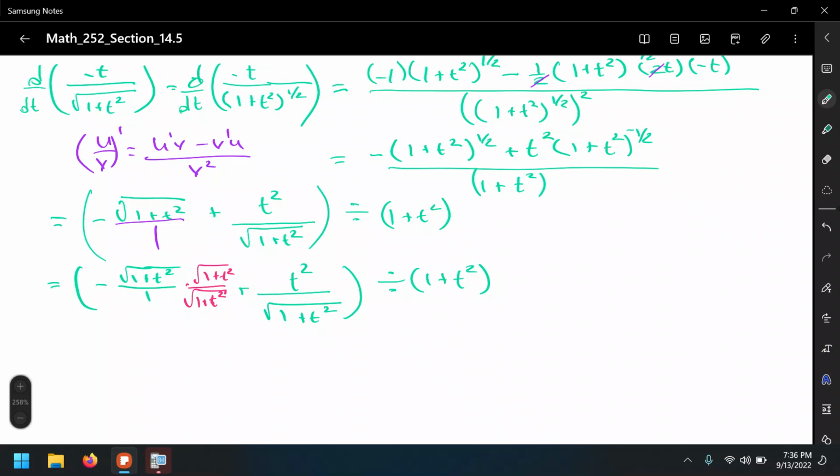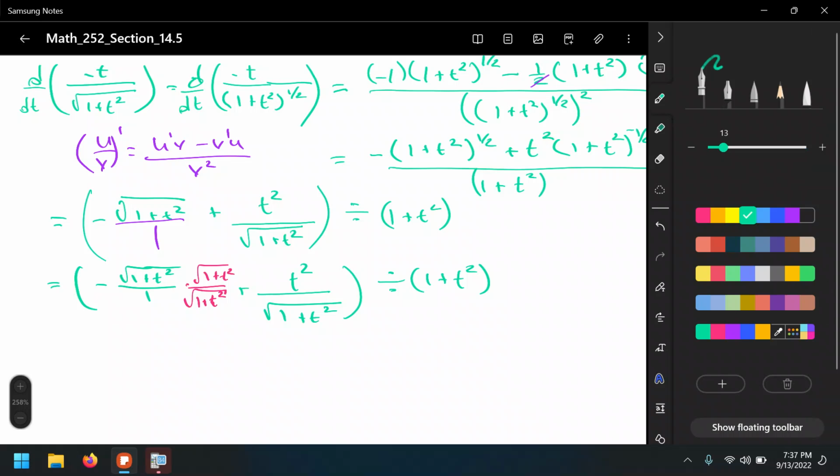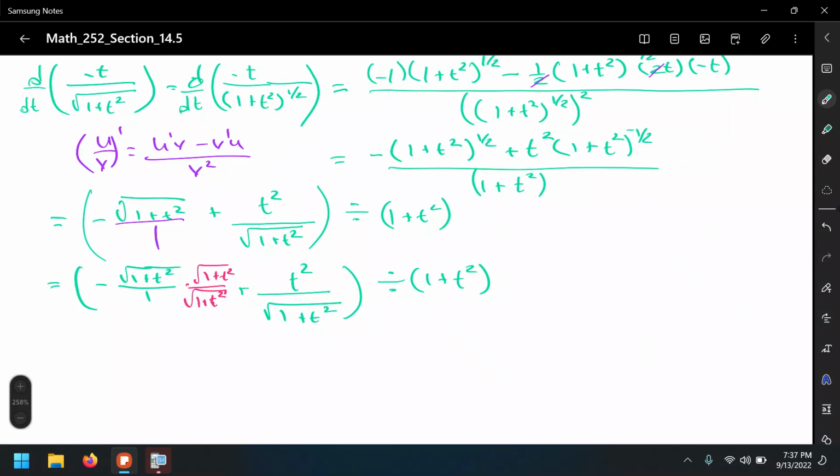Now we have this radical being multiplied with itself. What happens when we multiply a radical by itself? The radical goes away, and we just get the expression inside of the radical.